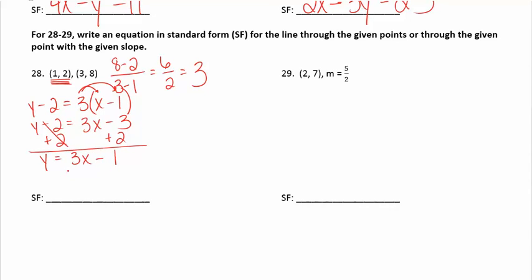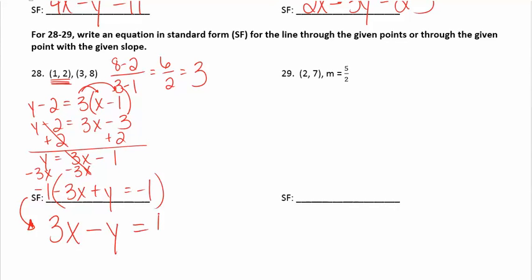But now I need to subtract the 3x, and I'm going to get -3x plus y equals -1, but I can't have a negative, so I need to multiply everything by -1 to give me a final answer of 3x minus y equals 1. So it's a lot of work here, finding the slope, putting it in point-slope form, rearranging to slope-intercept form, and then finally writing it in standard form.